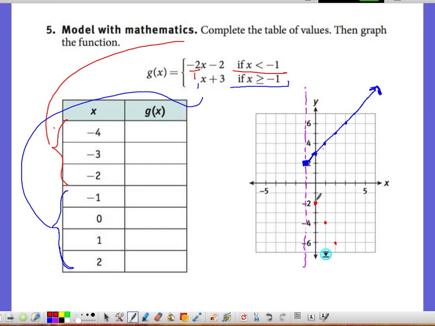So if I continue this trend, I'm going to go up 2, run over 1 to the left, up 2, run over 1 to the left, up 2, run over 1 to the left. And you can see how my dots are going to connect. So when I connect these dots, notice I can keep on going to the left. There's nothing blocking me from going to the left, so I just draw an arrow there.